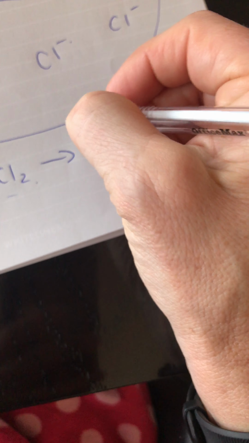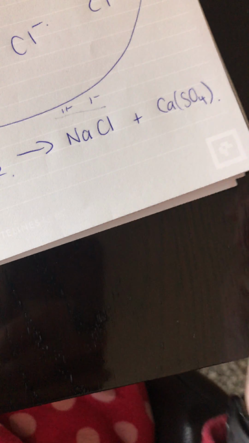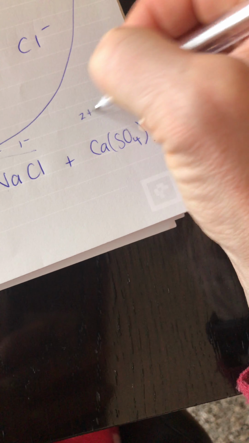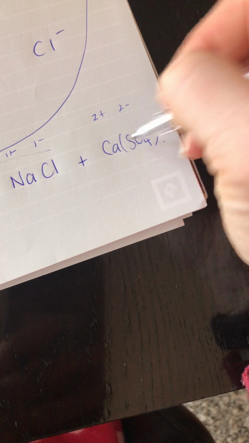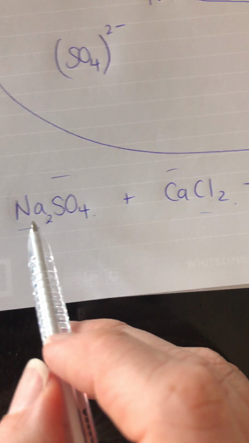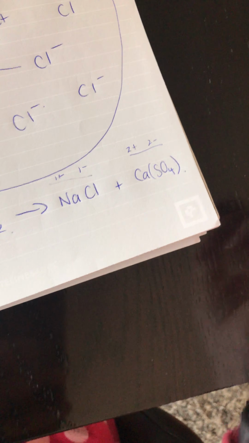Okay, so sodium is 1+, chloride is 1-. That's neutral, so that's the correct formula. I don't need to put any numbers there. For calcium sulfate, calcium is 2+, sulfate is 2-, and therefore I don't need to do anything here because that is also neutral. So these are the correct chemical formulas for all of these ionic compounds.